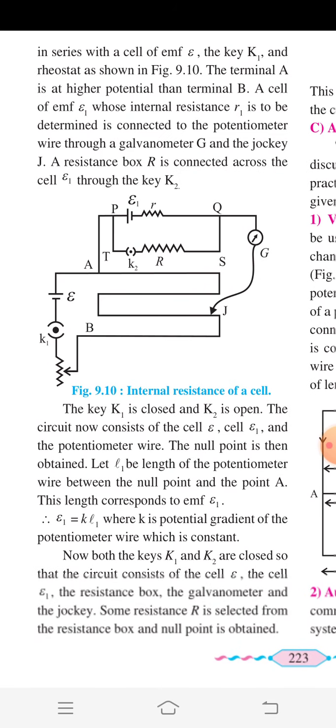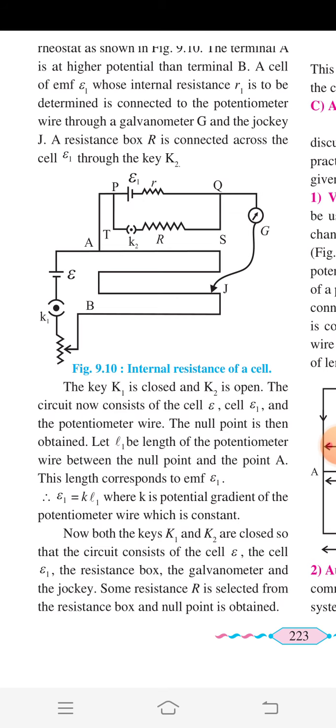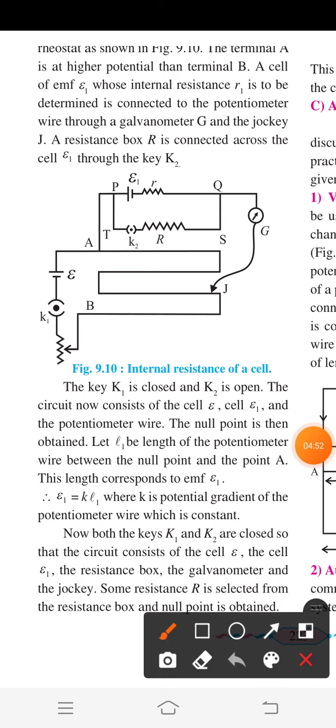Now both keys K1 and K2 are closed, so the circuit consists of cell E, cell E1, the resistance box, the galvanometer and the jockey.